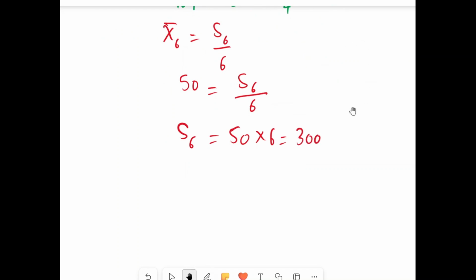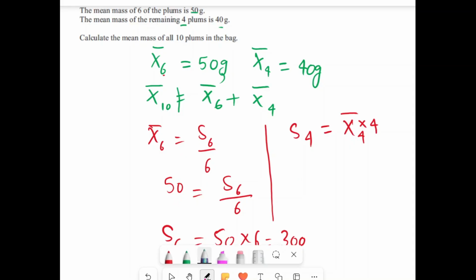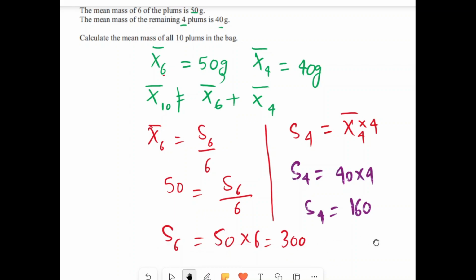Likewise, we can calculate the sum of masses of 4 plums. S4 will be equal to the mean mass of 4 plums times 4, which is 40 times 4. It is 160. The sum of the mass of 4 plums will be 160.